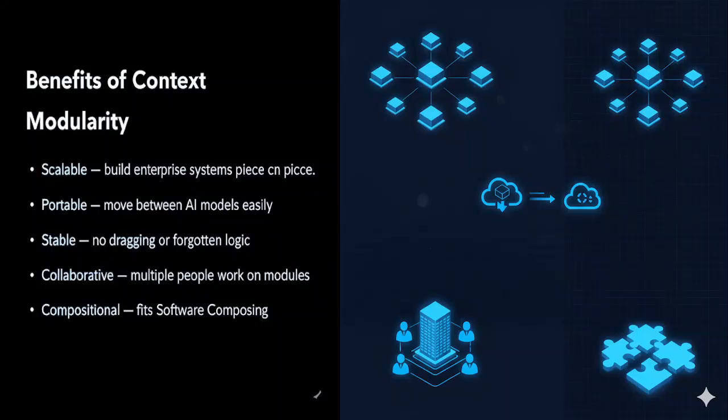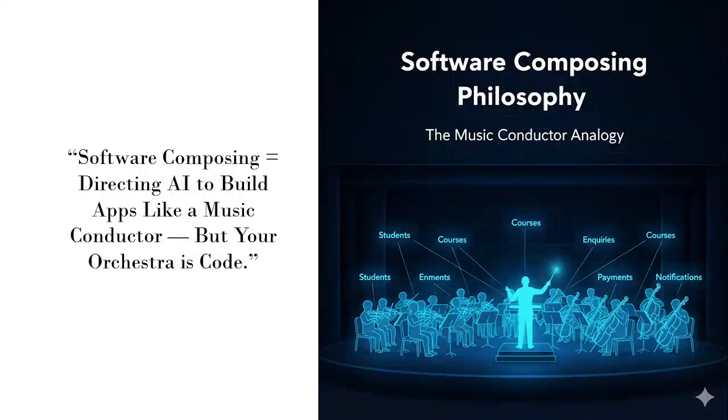Because at the end you are composing those different modules into one to work together, just like music is composed: different elements are played, but they are all played in the same song. And the philosophy of music composing is that you are the director directing the AI.